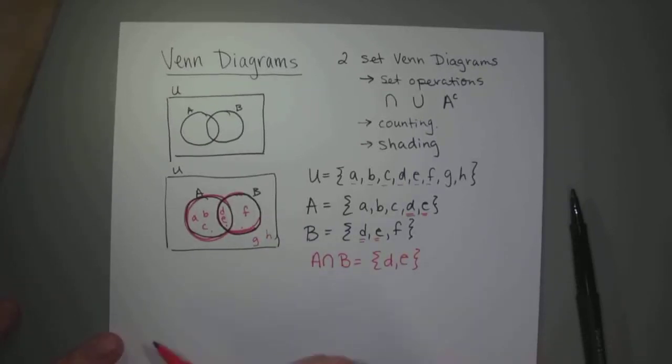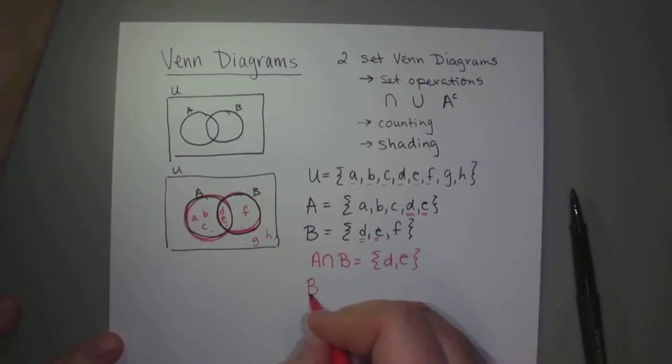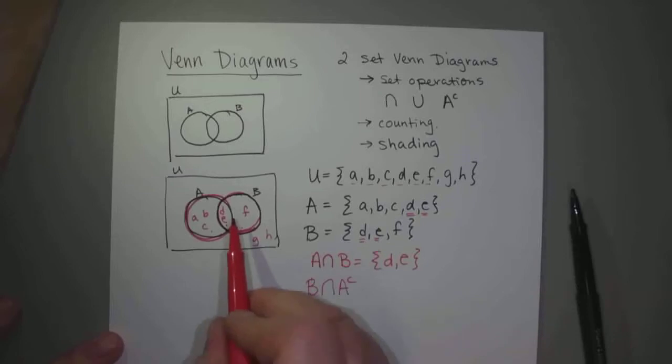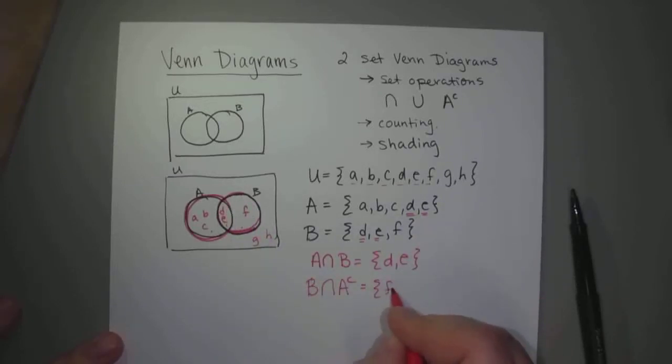So you could quickly look and you could ask, what is in B but not in A? So in B and not in A. So that's what this would look like. We're in the B circle and not in A. So in this B circle but not A would be the element F. And if I said, for example, A union B, union you can think of like an add.